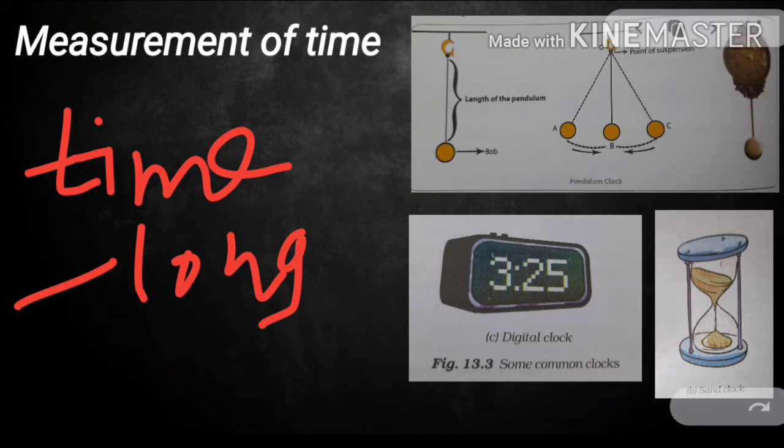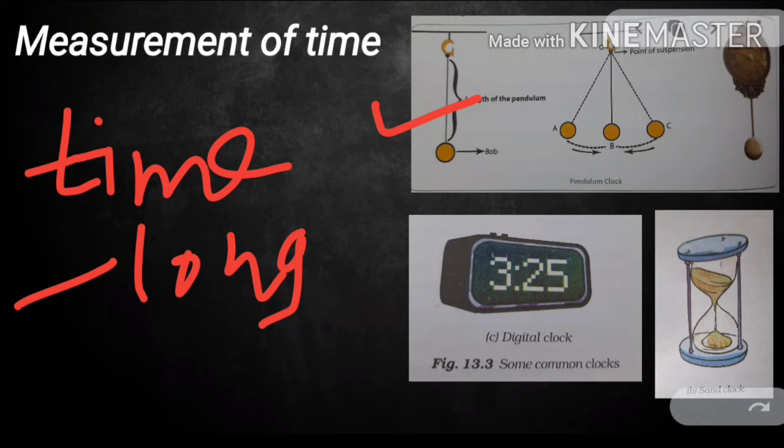Now here in this picture you can see a pendulum. In the year 1583, Galileo suggested that a pendulum can be used to regulate clocks. So what is a simple pendulum?